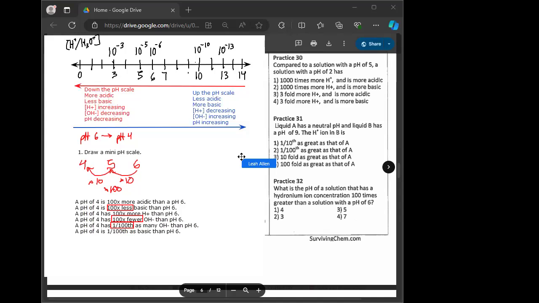Okay, let's say that, wait, 8, 9, 10. Oh, I misplaced the 13. 13 should be here.